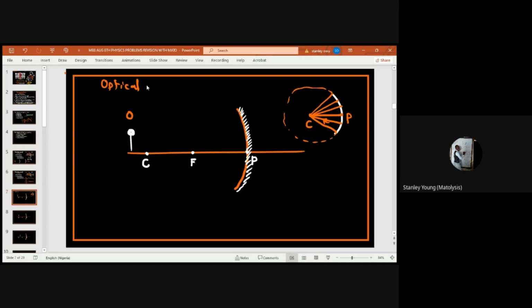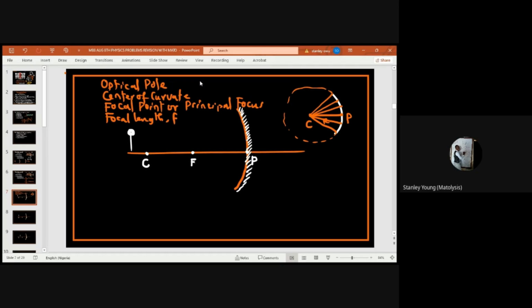So it's better to know the optical center or the pole of the mirror. You're also expected to know the center of curvature, the focal point, or the principal focus. You are expected to know the focal length, which is usually denoted by small letter f.